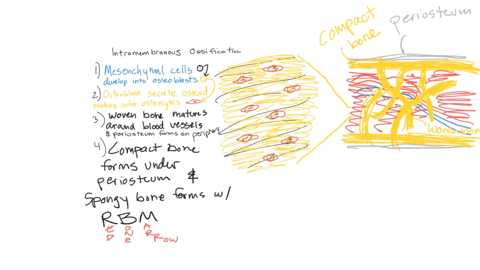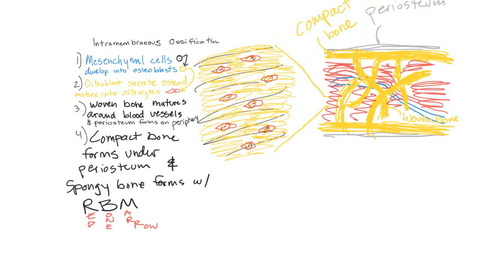So intramembranous ossification occurs with flat and irregular bones, and it's relatively simple.